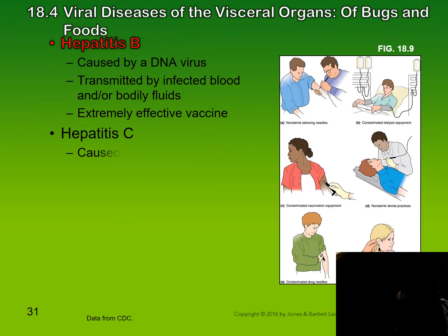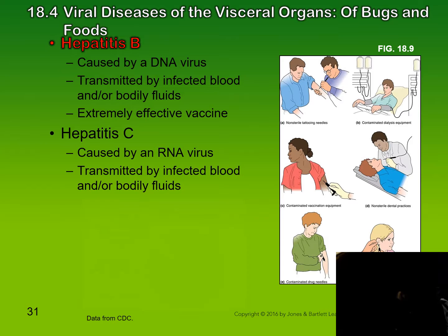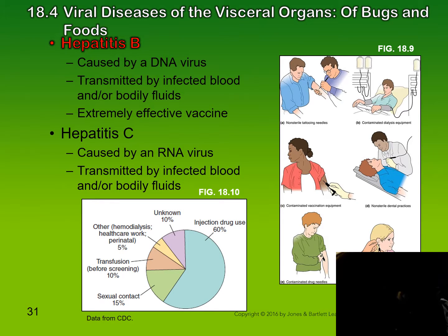Hepatitis C is caused by an RNA virus and is transmitted by infected blood or other bodily fluids, so similar to hepatitis B. You can see the chart of the percent of transmission from different sources.